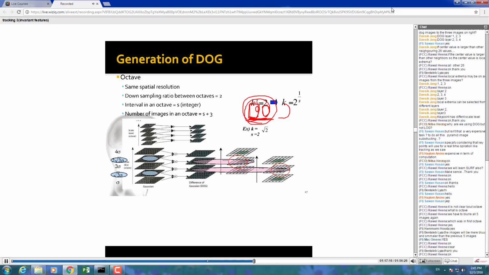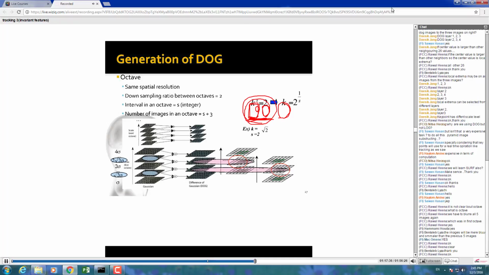This is not an exact number, but an approximate number using an assumption: K power S becomes the scale ratio 2 in the second octave.